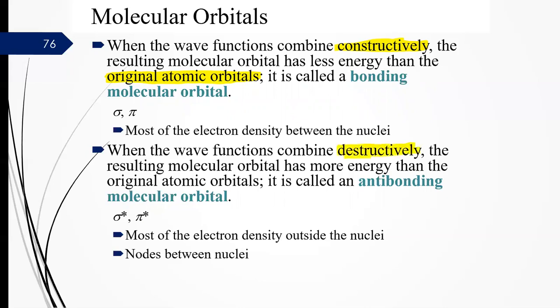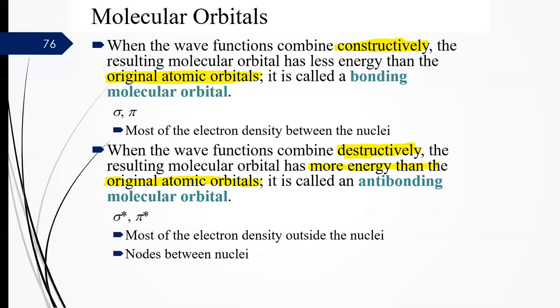Those interactions give us what we call antibonding orbitals, where the molecular orbitals have more energy than the atomic ones. Now, that doesn't mean that they don't exist. It just means that they have a higher energy than if they were in their atomic orbitals by themselves.